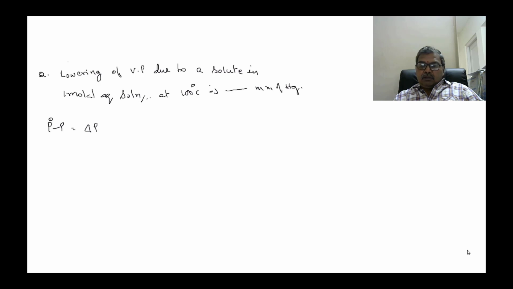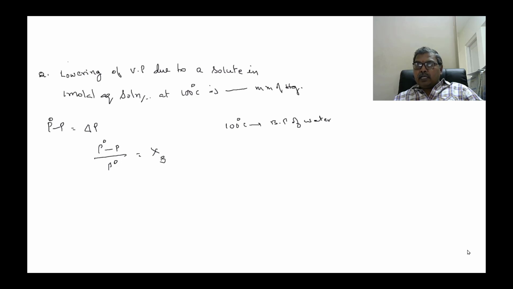See, according to Raoult's law, P0 minus P by P0 is equal to XB, the number of moles of solute by total number of moles in solution. Right? Okay. Next, 100 degrees Celsius is the boiling point of the solvent, the boiling point of water. Already know.